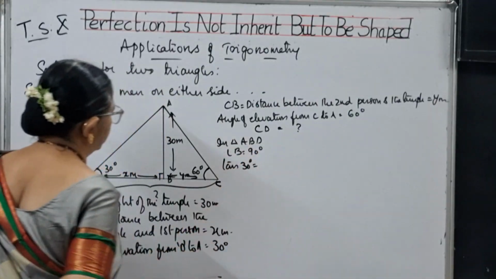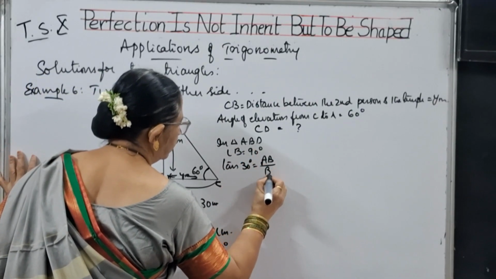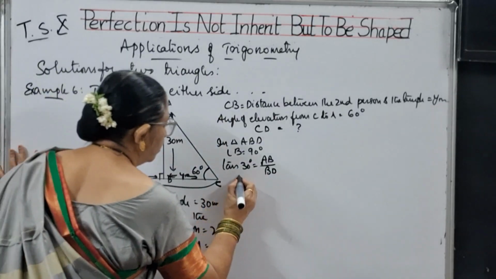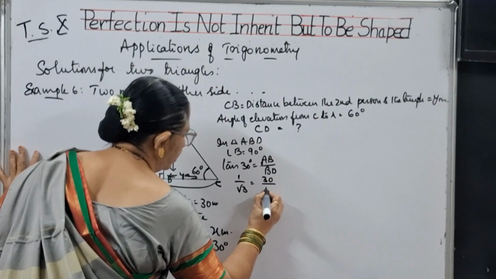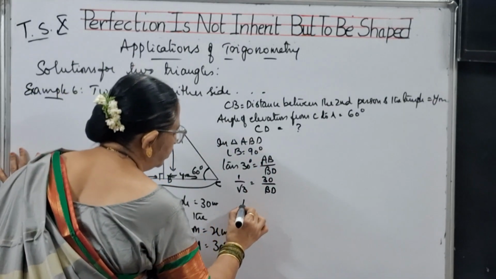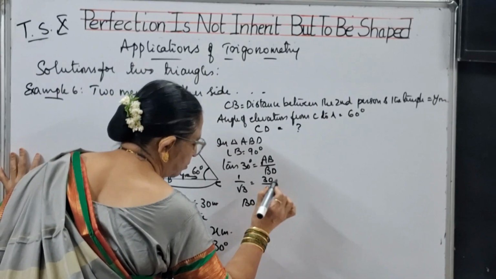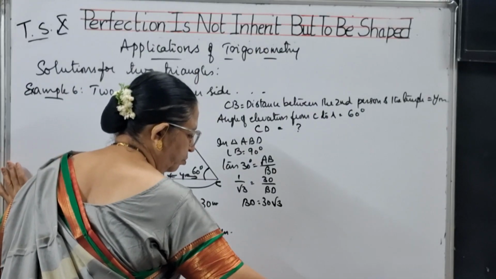Tan 30 degrees is equal to AB by BD. What is tan 30 degrees? 1 by root 3 is equal to 30 by BD. So what is BD, children? BD is equal to 30 root 3.